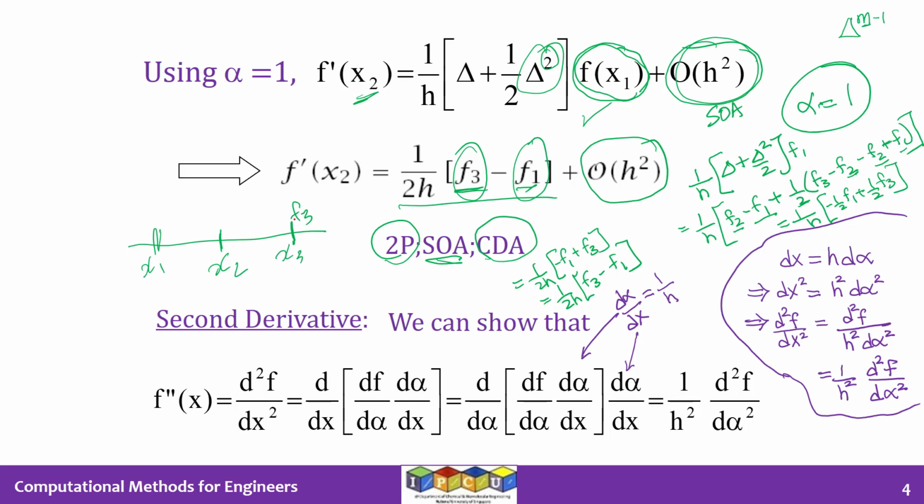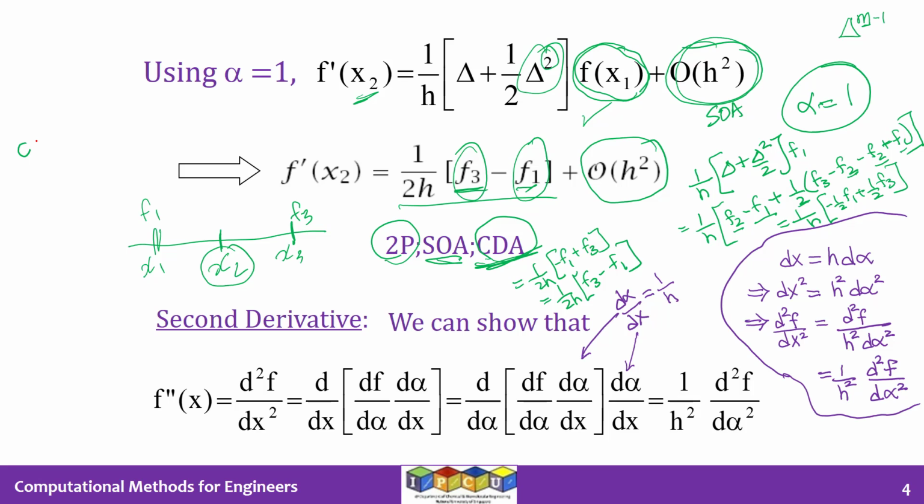The value of the function at x3, which is f3, and the value of the function at x1, which is f1, are being used to compute the derivative at x2. So you're looking one step forward, one step backward, and you're pulling that information and you're calculating the derivative at x2. Therefore, this is called a central difference approximation.